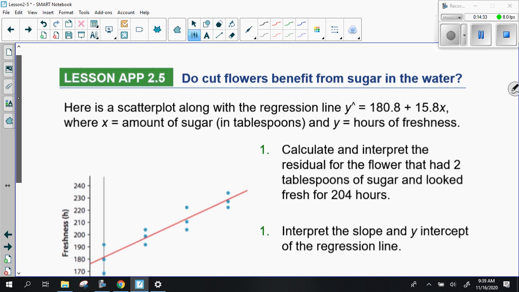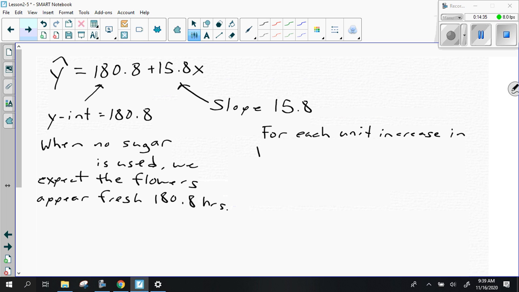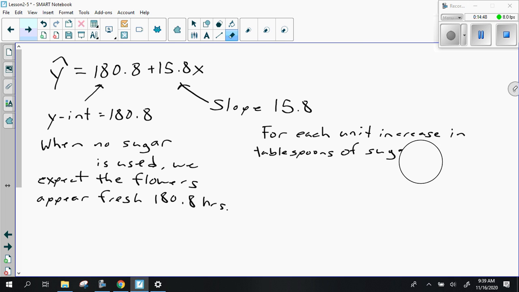For each unit increase in tablespoons of sugar, we expect, and now we're going to talk about our response variable, which is hours of freshness.